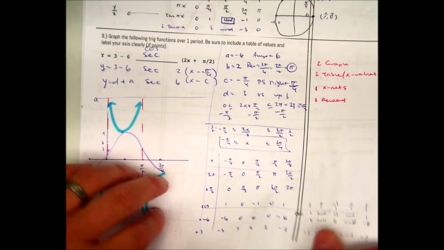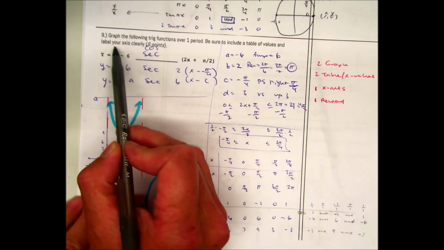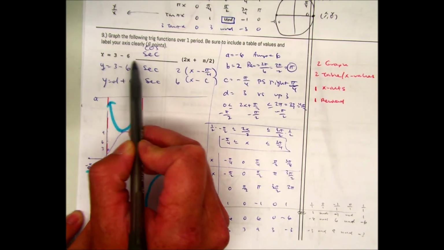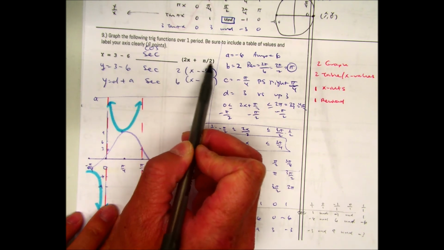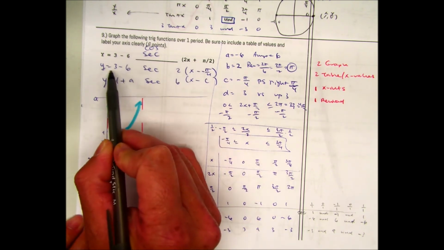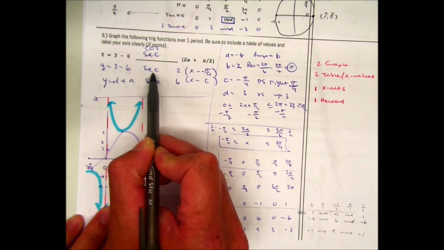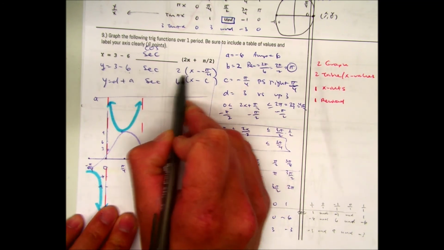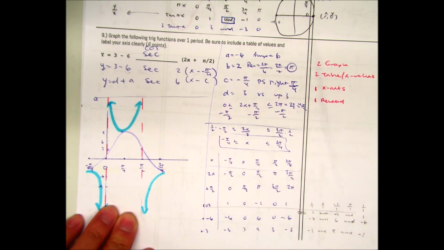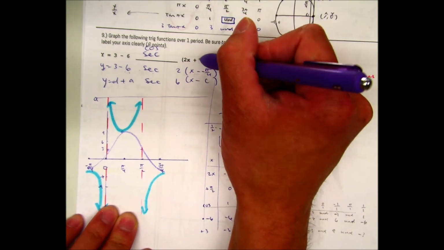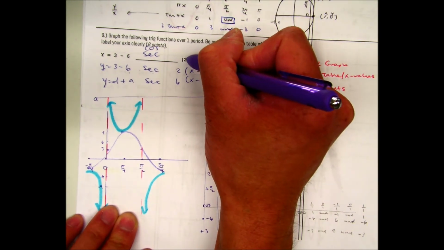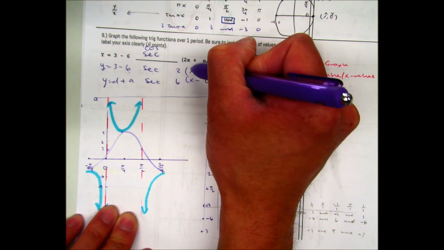Alright, if you had the part that had graph secant, y equals 3 minus secant of 2x plus pi over 2, then you're really writing this as y equals 3 minus 6 times secant, and here what I did is I factored out a 2. If you don't know how to factor out, you'll notice I need something like a 2. It says 2 times something equals 2x.